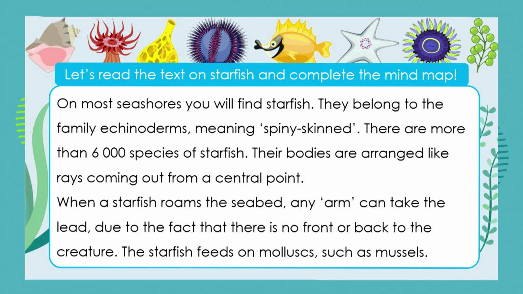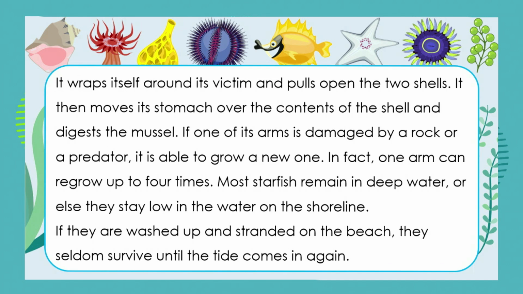When a starfish roams the seabed, any arm can take the lead due to the fact that there is no front or back to the creature. The starfish feeds on molluscs, such as mussels. It wraps itself around its victims and pulls open the two shells. It then moves its stomach over the contents of the shell and digests the mussel.